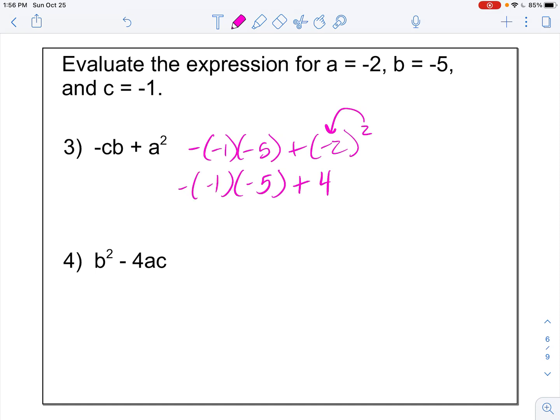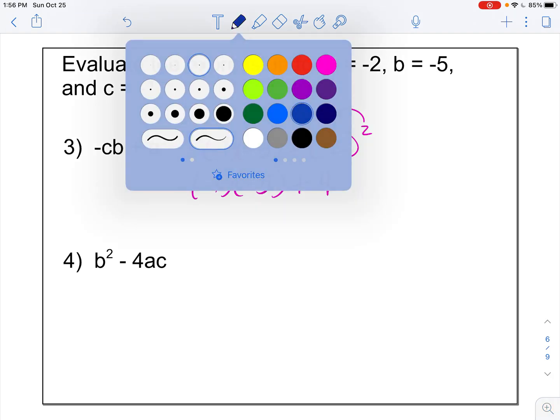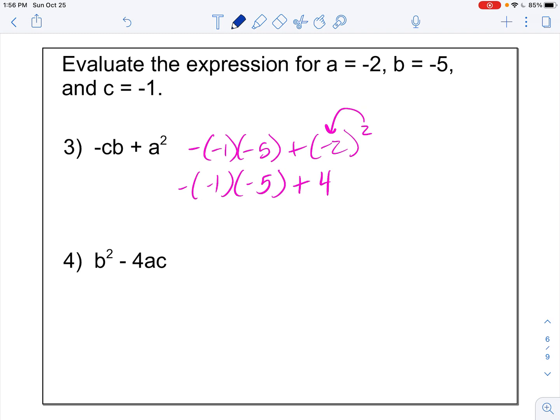So now, because my exponents are gone, I can just go through and look at all these negatives I have up here. I have the opposite of negative 1 times negative 5. You can do this in a couple of different ways. I'm just going to cancel them as I go along. So 2 negatives together make a positive 1. And now that positive 1 times negative 5 is a negative 5, plus 4. I'm at negative 5. I go to the right 4 spots. I am at negative 1.